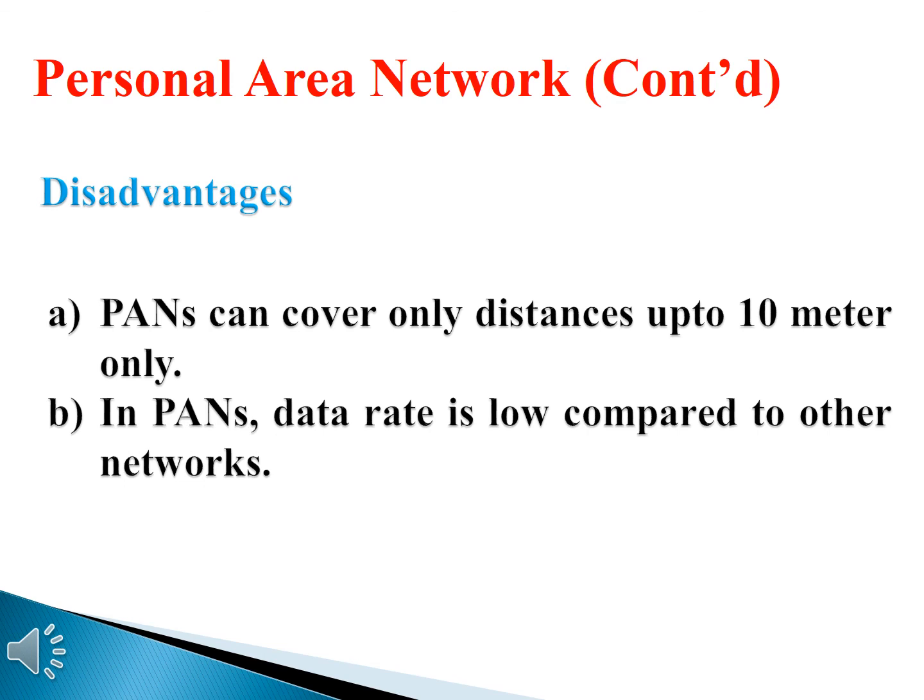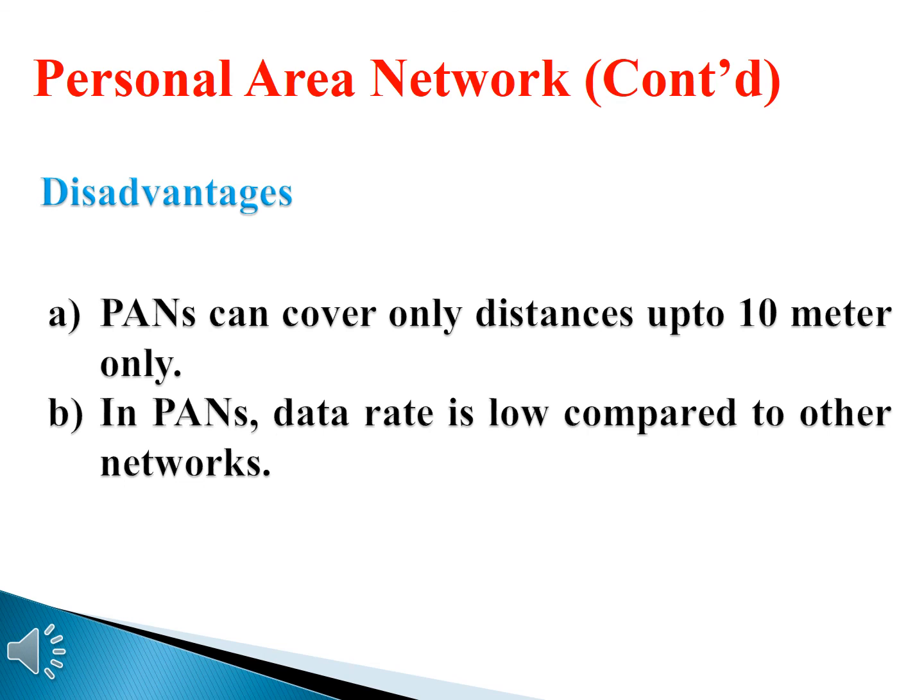The second disadvantage of PAN is that in PANs the data rate is low as compared to other networks. In other networks we use different media channels for better speed. In PAN, the data rate is very low as compared to other networks.